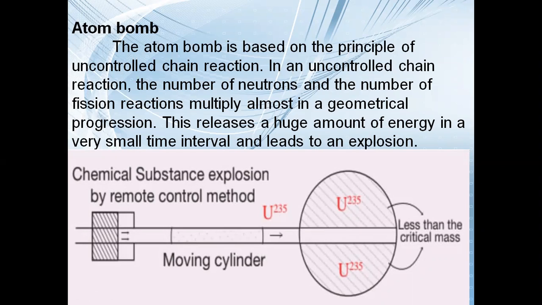During the explosion, a huge amount of energy is released: heat, light and radiation. In the region where the atom bomb explodes, very high temperature and pressure are formed in a fraction of a second. Gamma rays are also released, and the gamma rays affect human beings and living things.